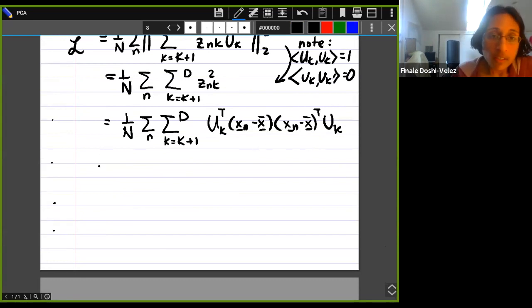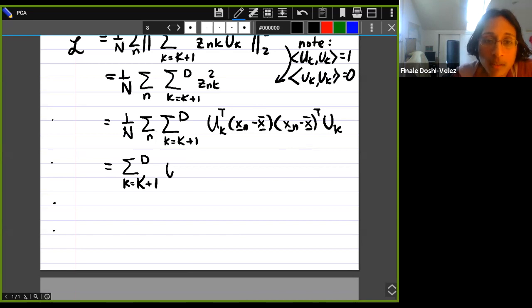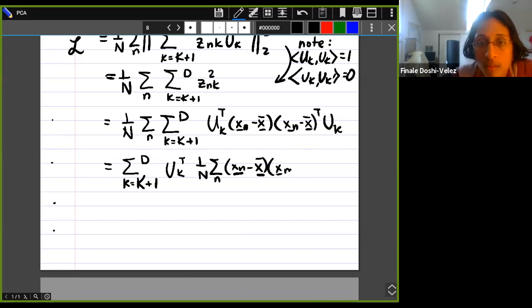So the last thing that we're going to do before this starts looking kind of nice is move the sum over n to the inside. So we're going to end up with this sum of k equals big K plus 1 out to D, UK transpose, 1 over N, sum over N, of xn minus x bar times xn minus x bar transpose, times this thing over here, UK.